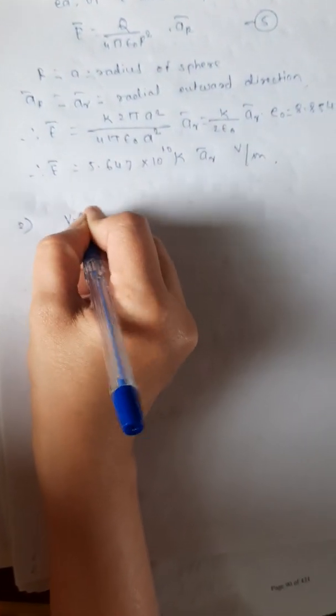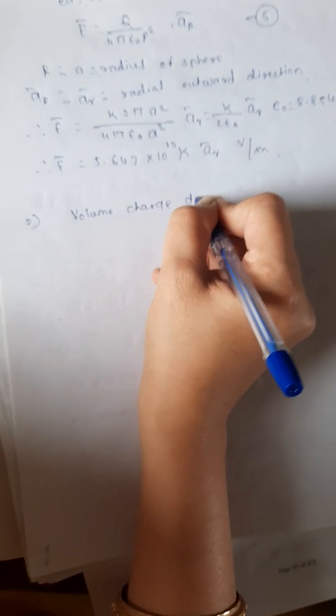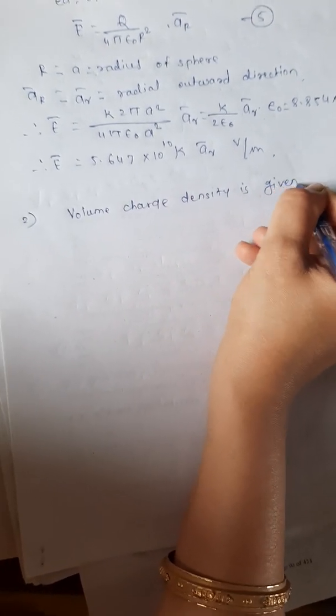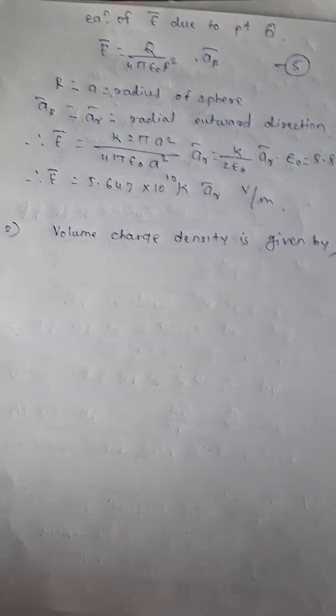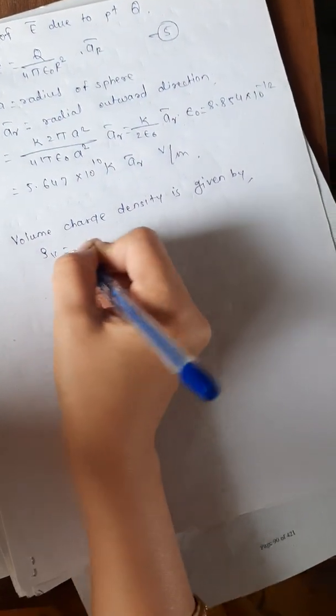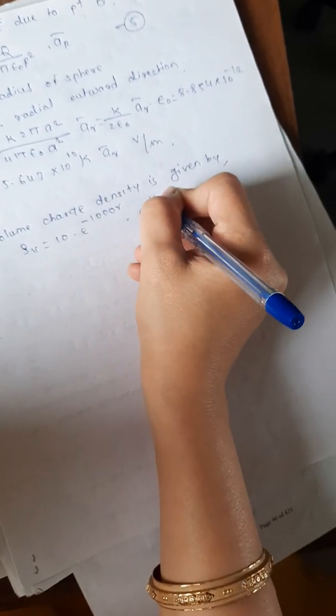A volume charge density is given by rho v is equal to 10 into e raised to minus 1000 r e raised to minus 100 z.